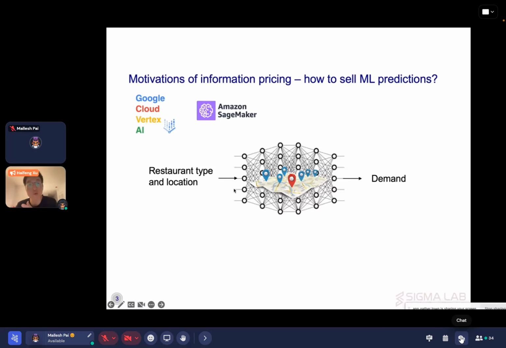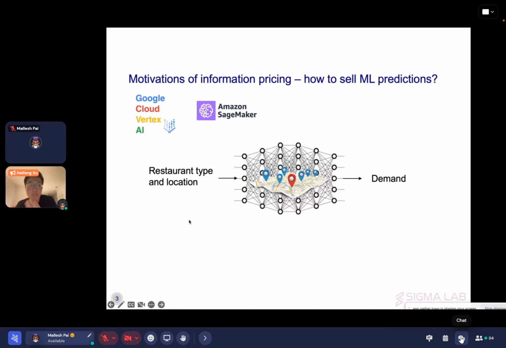If you tell Google what type of food you produce and what your location is, maybe you are in Chicago, around the University of Chicago or in the downtown area, then you can ask Google, can you predict what the demand for my restaurant is going to be, and Google can provide this prediction as a service and therefore charge this local restaurant some amount of money.